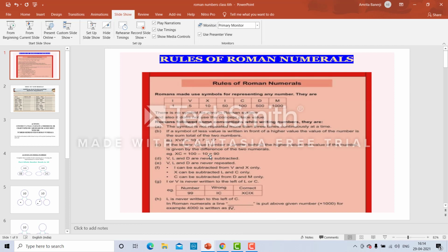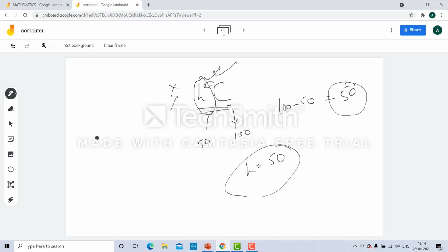Then children, finally we have the final rule, that in Roman numbers, a line or a bar is put above the number when it is getting multiplied by 1000. Let us do and see this. Any number can be repeated 3 times. So if I write 3 M, this means 3000. But when I have to mention 4000 children, how will I mention?